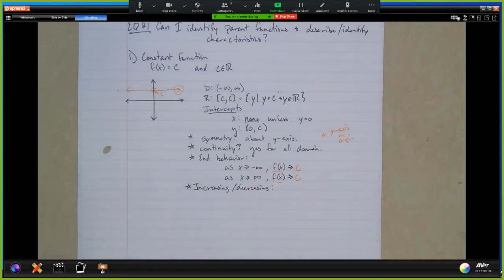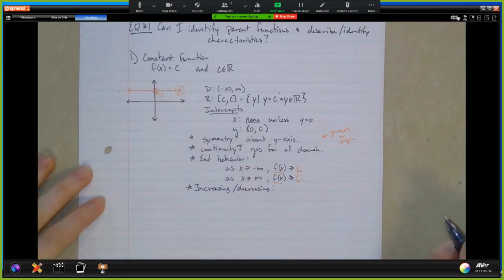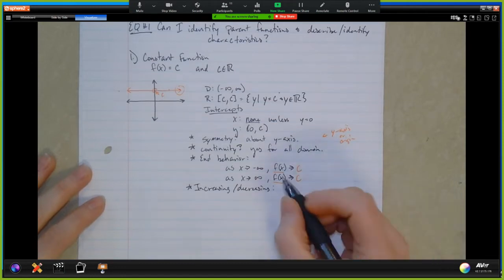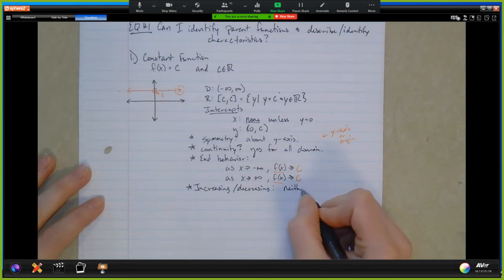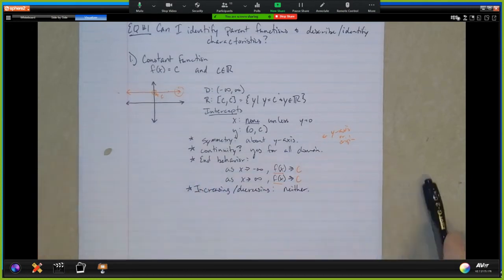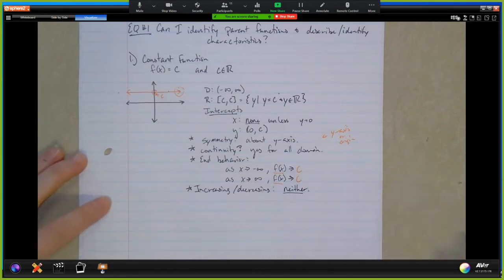In this case, because it is constant, is it either increasing or decreasing or neither? What would you guys say here? It is neither. It is our most basic function, so sometimes the answers are the simplest. So neither.